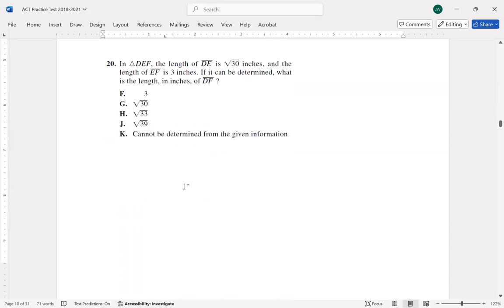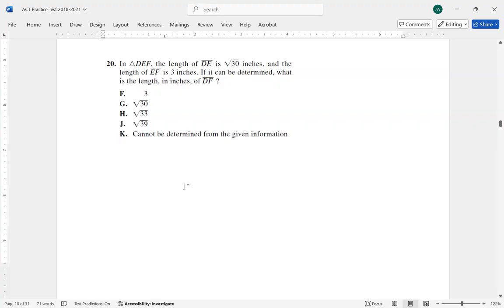Question 20. In triangle DEF, the length of DE is the square root of 30 inches, and the length of EF is 3 inches. If it can be determined, what is the length in inches of side DF? So I have length DE and length EF, and we're asked to find length DF.